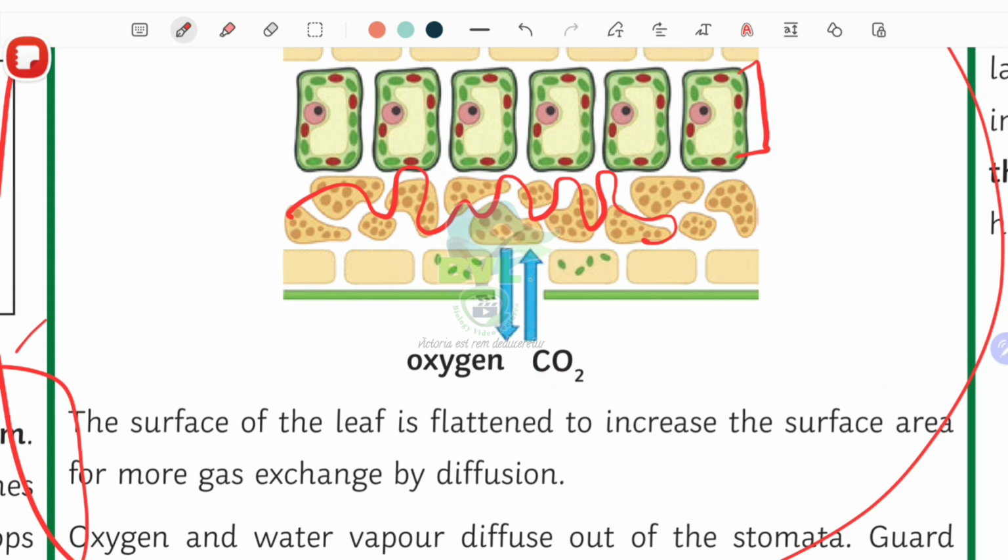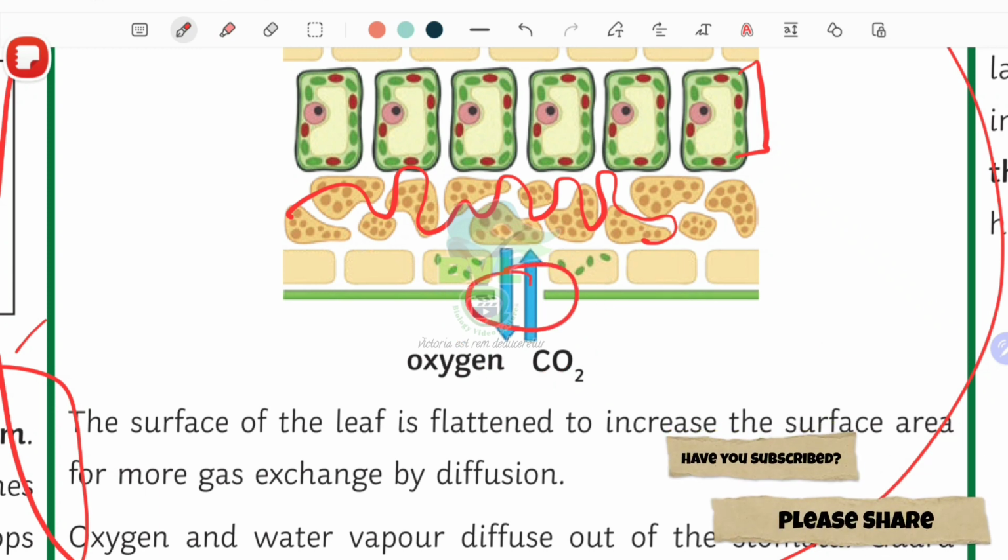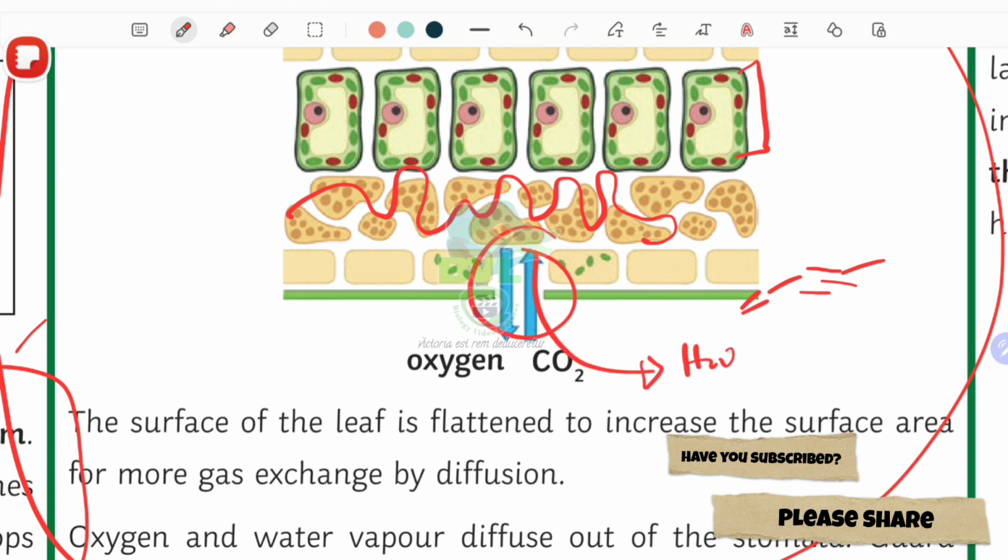But either way, you should know that the stoma or stomata is the opening through which gas exchange takes place on the leaf of plants. This is very, very important for you to know. Then also, let me just add that this same stoma is the same source through which water leaves the plant by a process called transpiration. You should know that as well.